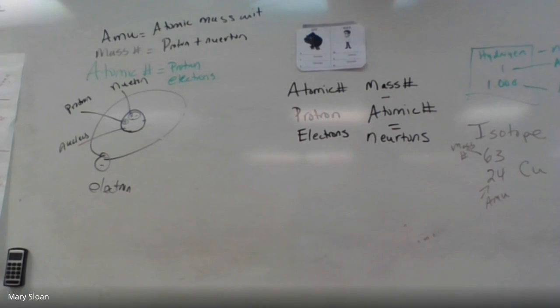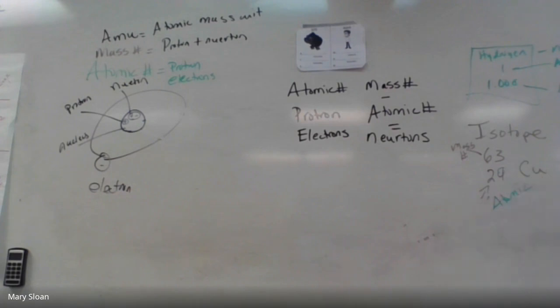Cu is in group 11. The atomic number is on the bottom. Okay?